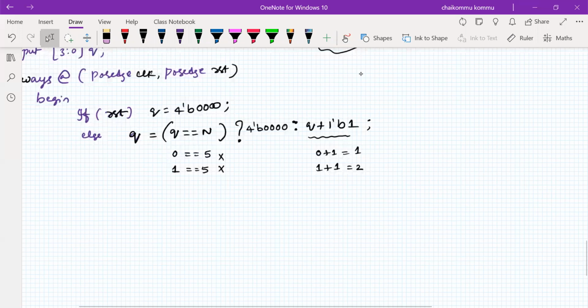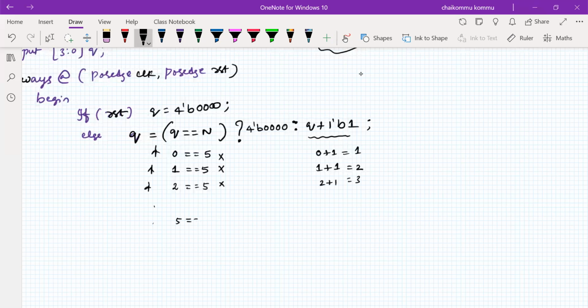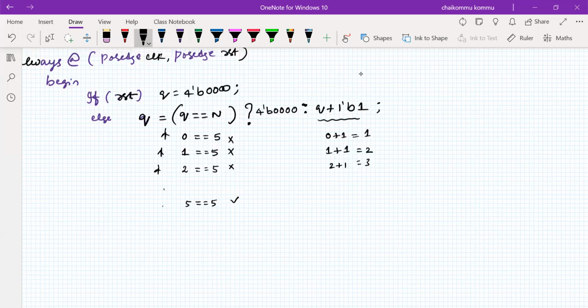Now, it goes up to 5. 5 equal to 5, is it true? Yes, it is true. Therefore does it do the increment? No. The 4-bit 0 0 0 0 will be assigned to Q. Okay, therefore we started with 0, go to 1, 2, 3, 4 and 5.